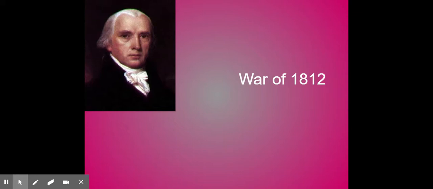And Britain had tried to get back at us by impressing our sailors to fight for them against France during this war. They were also interfering with our trade. And another thing that I didn't mention, and we're going to talk about it today, is they were also helping the Indians on the western frontier rise up against us.